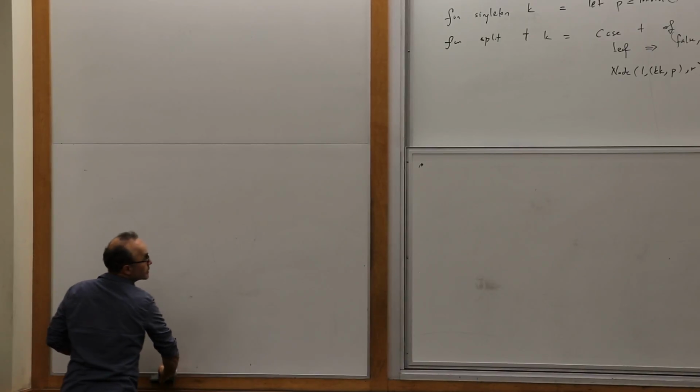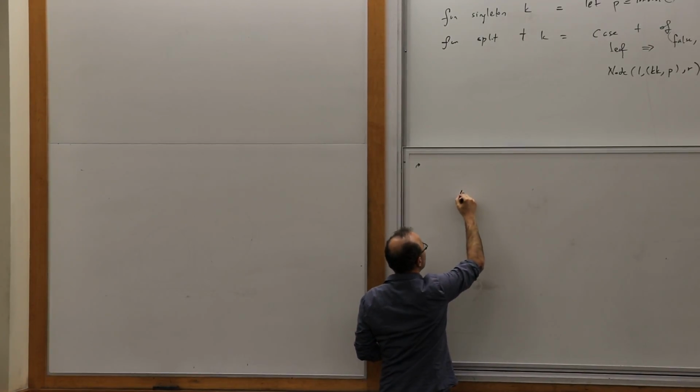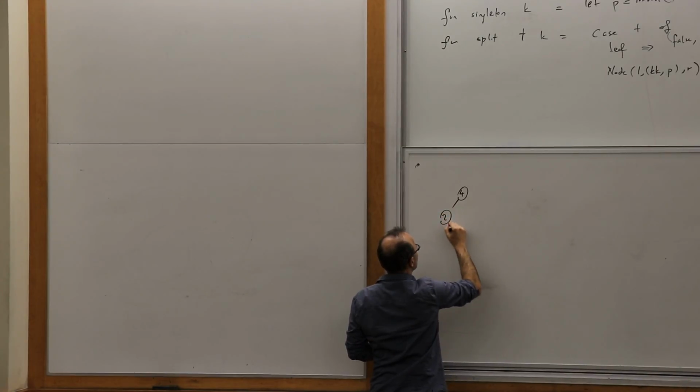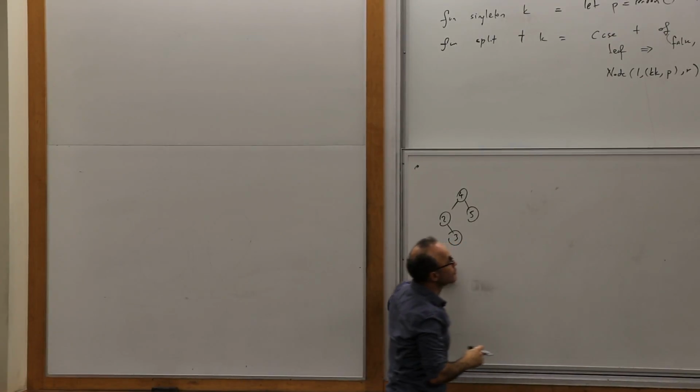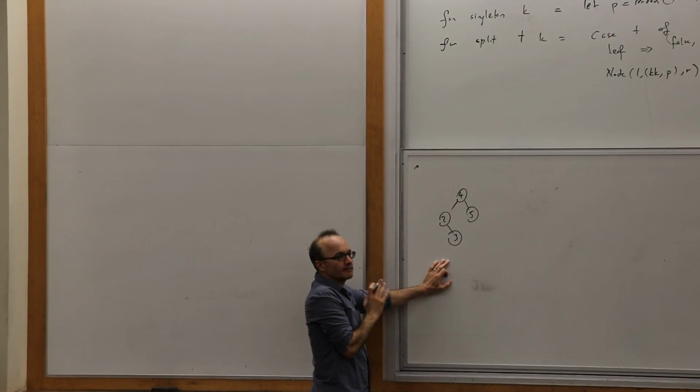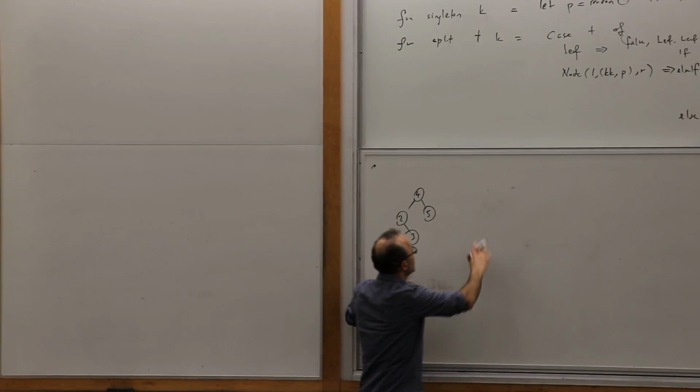Let's say I have two trees, 4, 2, 3, 5, and then here I have, remember in join, we have to have the invariant that all the keys in one tree are less than all the keys in the other tree.